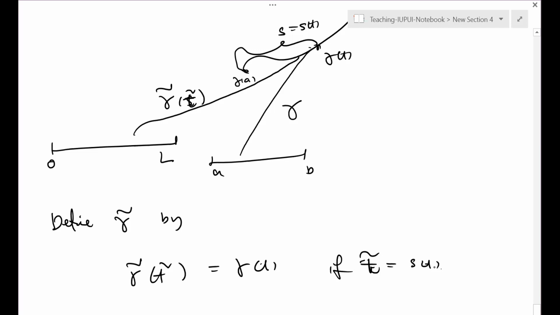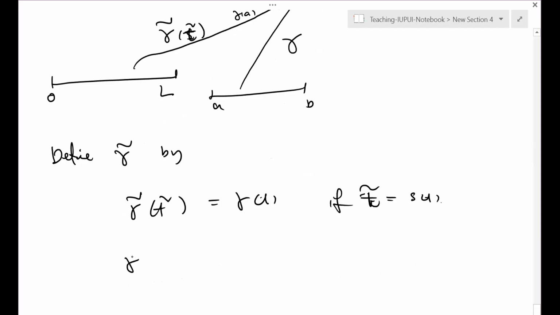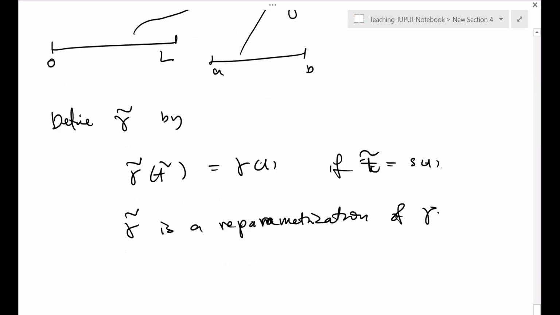So in a very abstract way we can define a new parameterization, and I guarantee this is a reparameterization. Okay, gamma tilde is a reparameterization of gamma. Also, very important, I'm going to look at the length of the tangent vector.